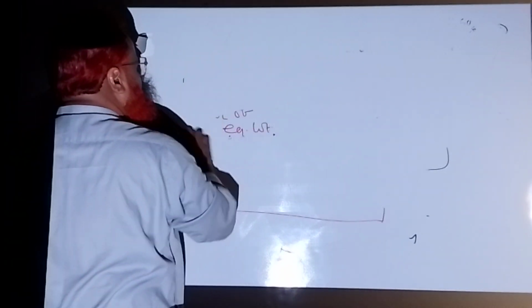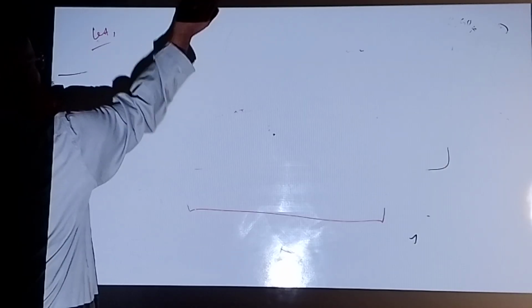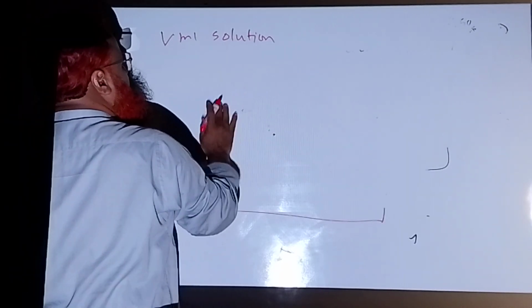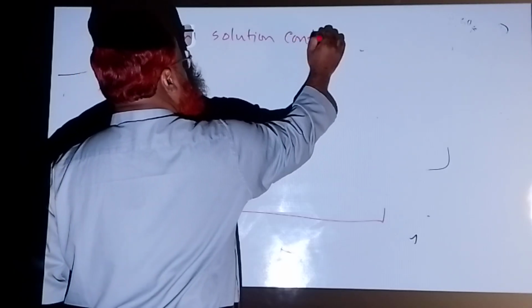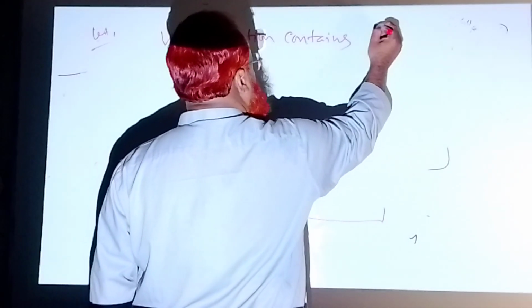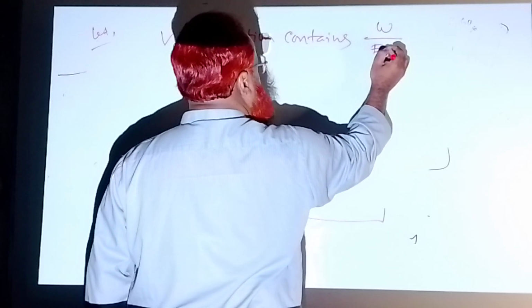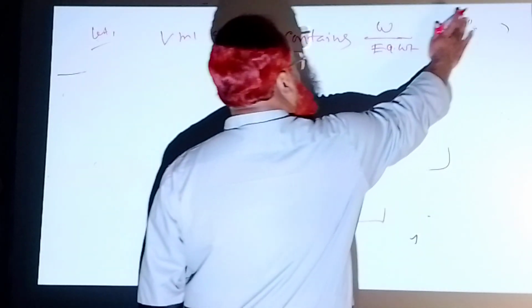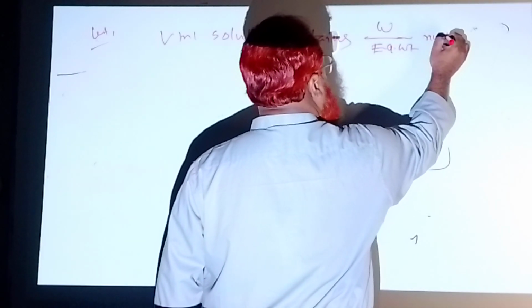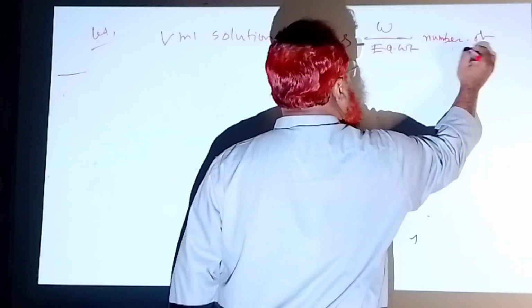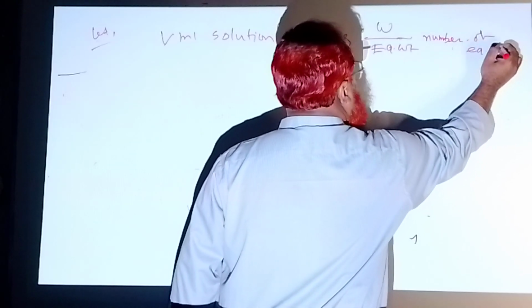Now, for example, let a V mL solution of any substance contain W by equivalent weight, that means given mass by equivalent weight, the number of equivalent weights of a substance.